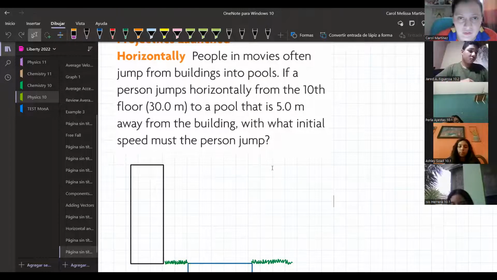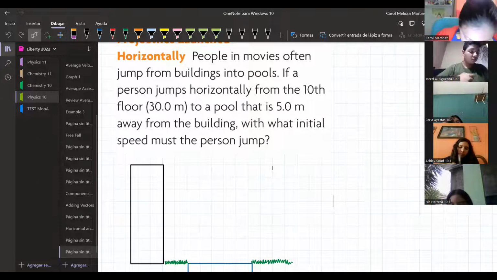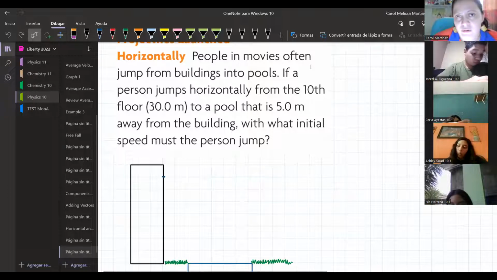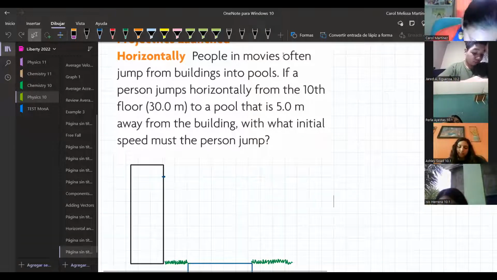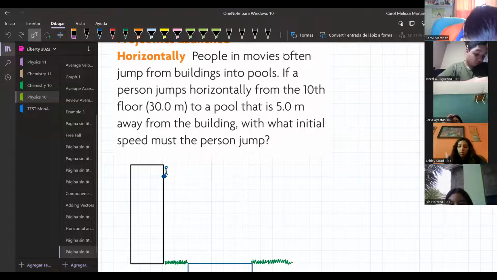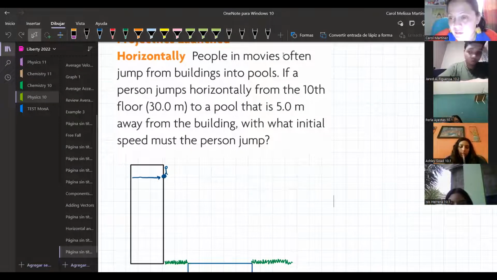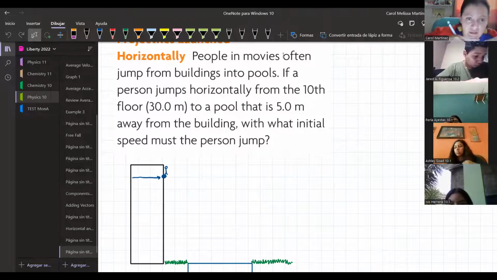And the idea of this scene is that this person must jump from the building to the pool, okay? So imagine that this person is located right here, which is the 10th floor. The idea is that this person is gonna be running horizontally until this person can jump, okay?